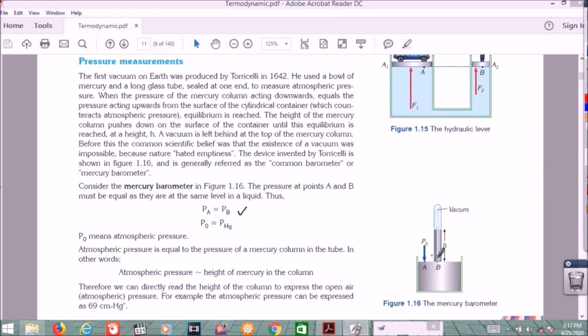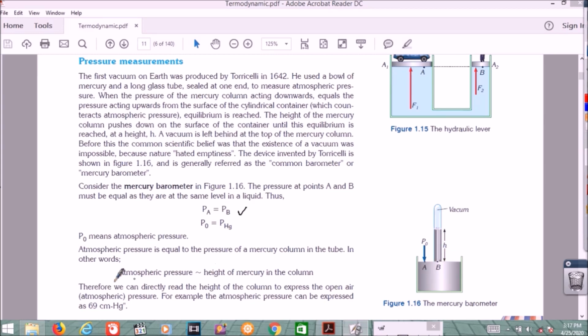Above B there is pressure from the mercury inside the glass tube. So at point B, the pressure comes from the mercury, not all the mercury, but the mercury above point B.